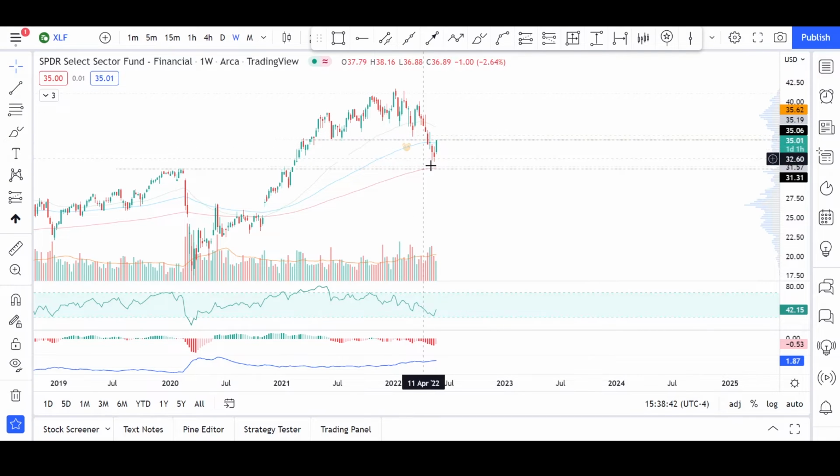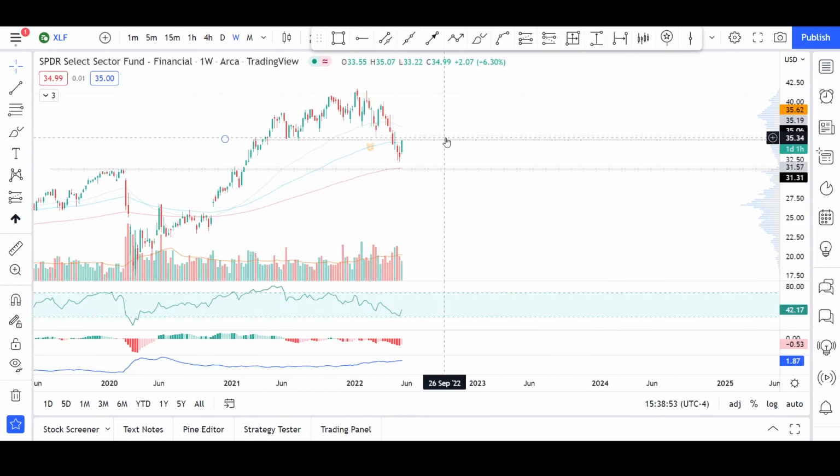Right afterwards we have a rebound from areas of 32, and we are trying to hit a ceiling found at 35 points.